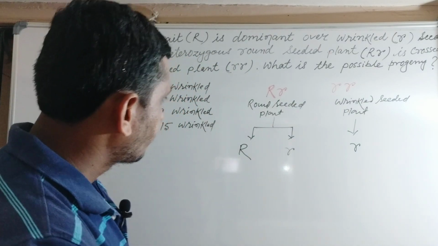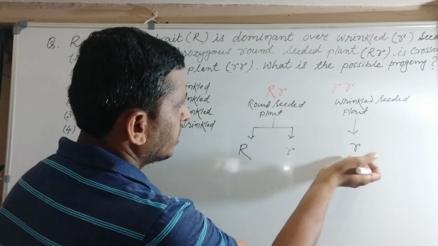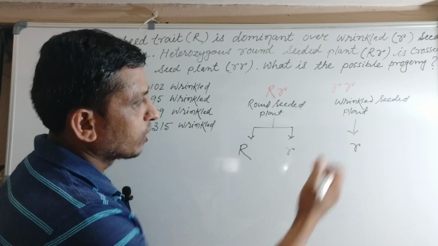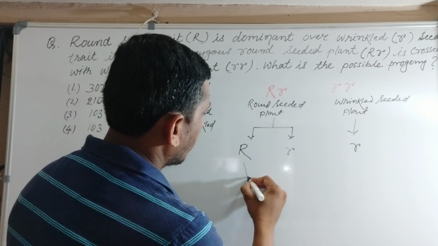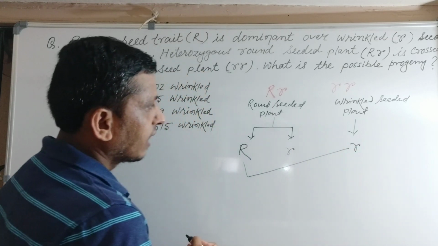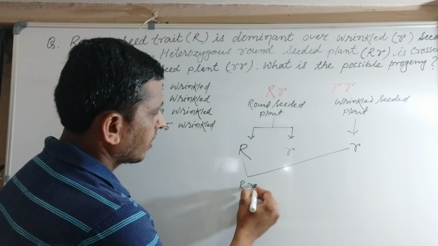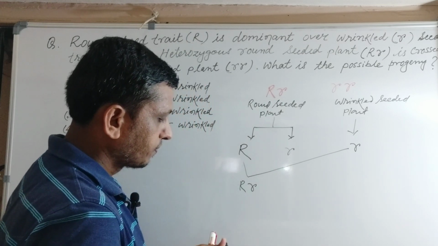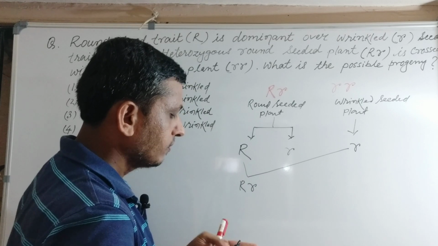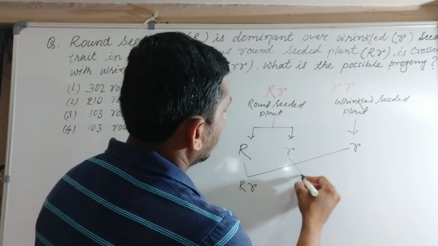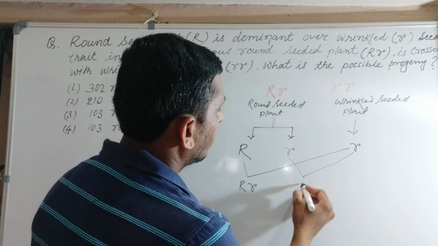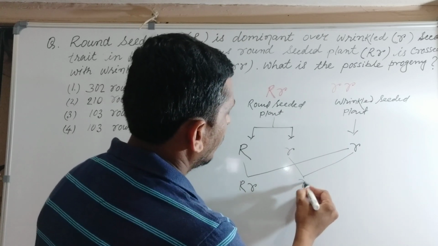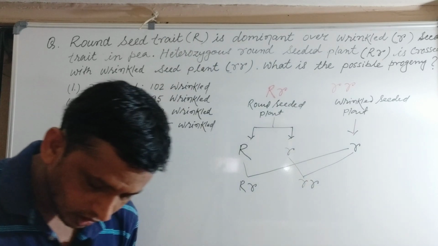Now if we cross these gametes, what will be the possible progeny? Suppose this gamete fuses with that, we will get capital R, small r, and this gamete fuses with this, we will get both small r.